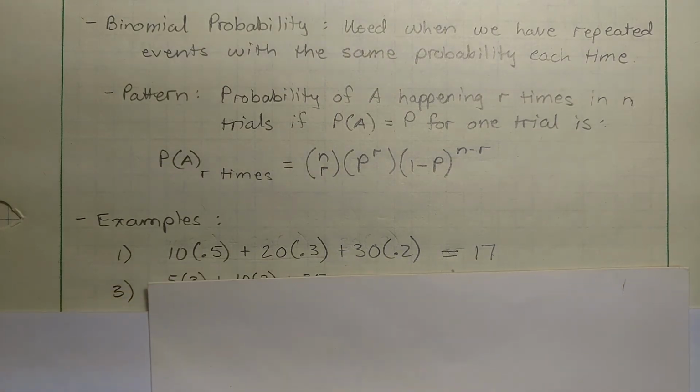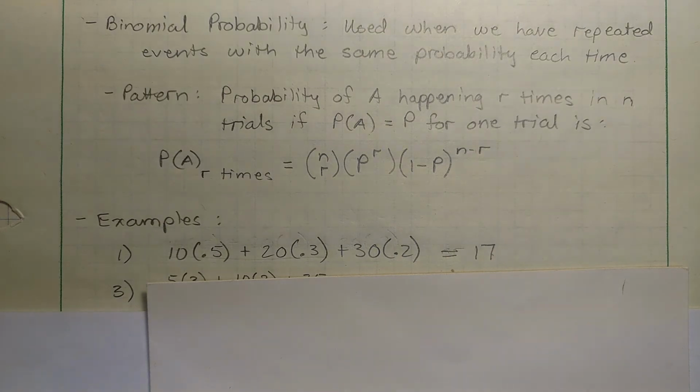Let's look at number 3. Number 3 is another type of expected value. It says a game involves earning points by rolling a special 6-sided die that says 5 on 3 faces, 10 on 2, and 25 on the 6th. What is the expected number of points a player will earn by rolling this die?